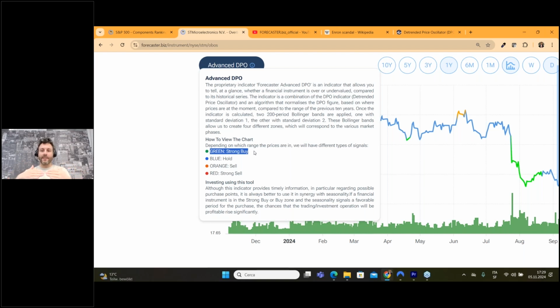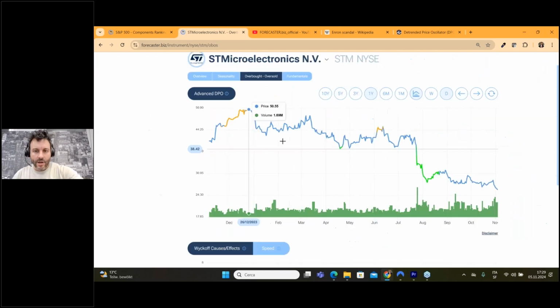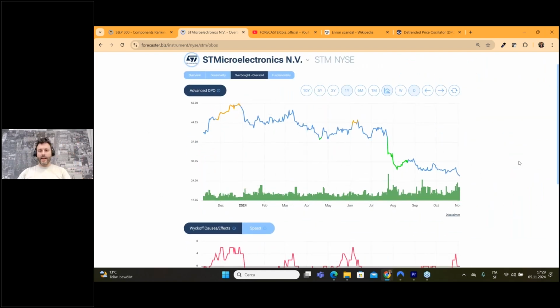So we can definitely say that statistically speaking, prices are low. Exactly the opposite, you can find the opposite situation when the price is in the upper part of the Bollinger Band. We can definitely say that statistically speaking, the prices are overbought.